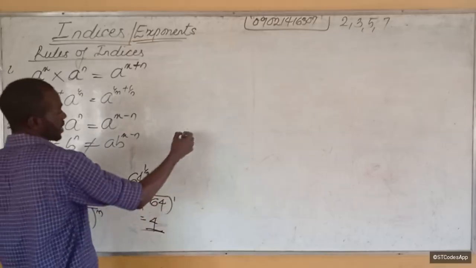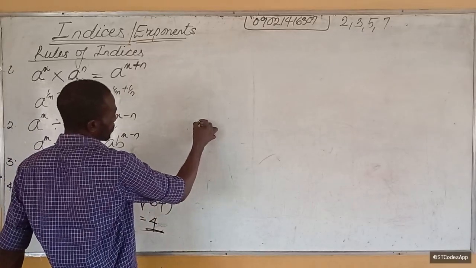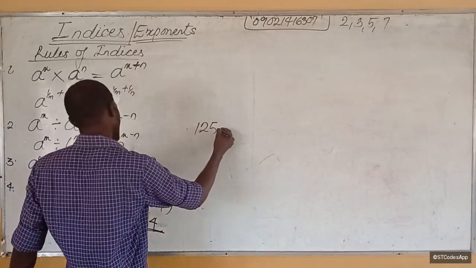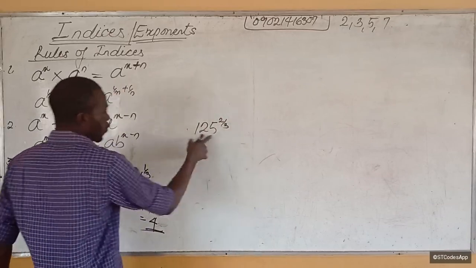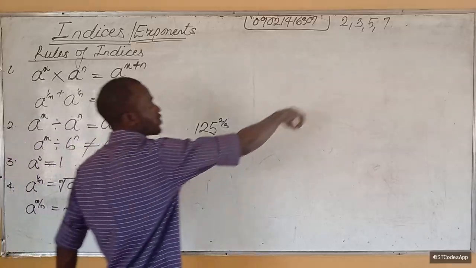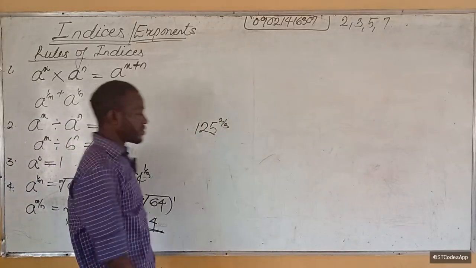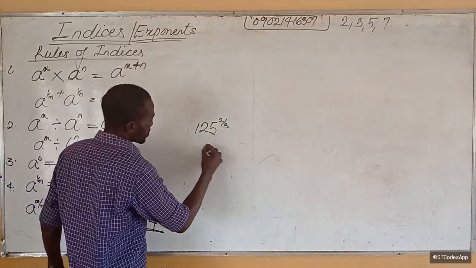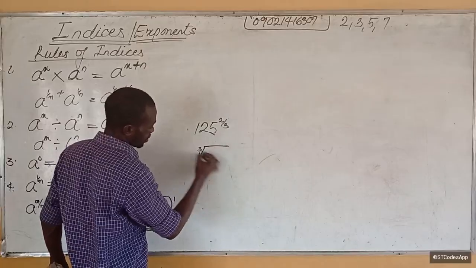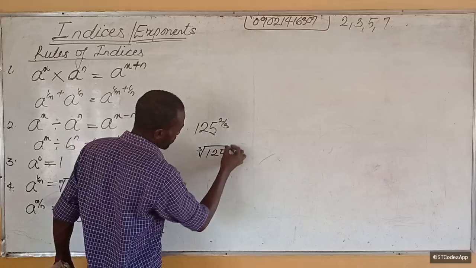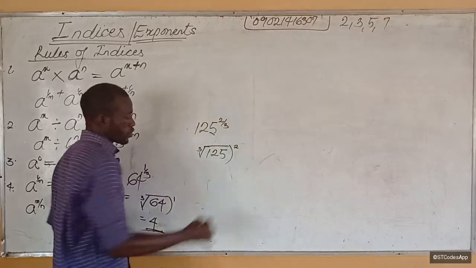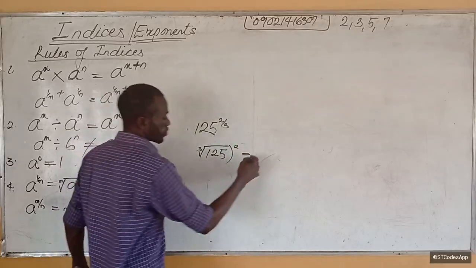But what if I have something like 125 raised to power 2 over 3? When you have a number like this, you know it's in the 5 family, right? So this becomes the third root still of 125, but this time raised to power 2. What's the third root of 125?